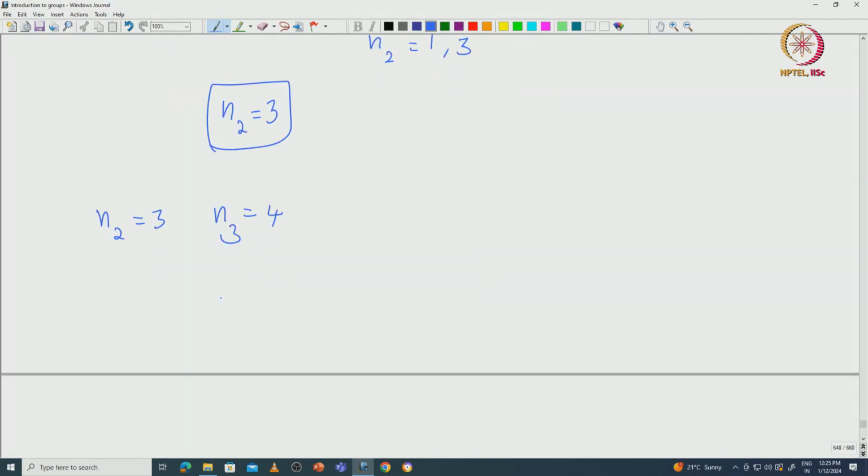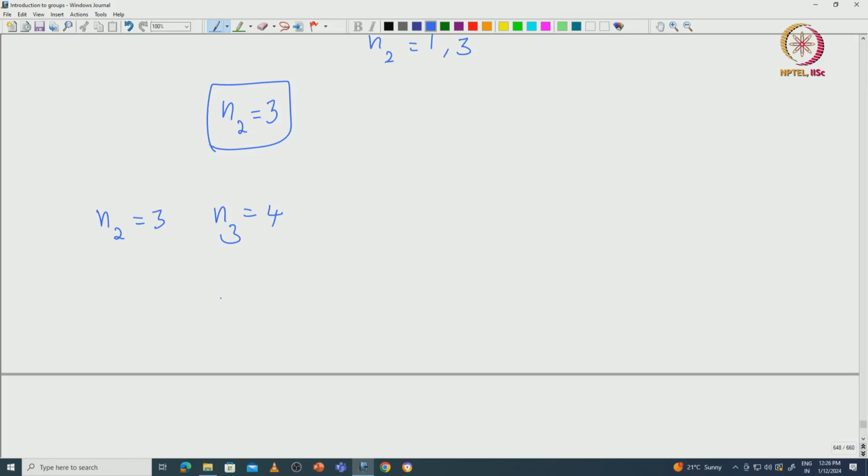So why can both not happen? Take for example n2 equal to 3, so there are 3 Sylow 2 subgroups. Sylow 2 subgroups must have order 4. If you look at one particular Sylow 2 subgroup of order 4, except the identity, all other elements will have order 2 or 4.